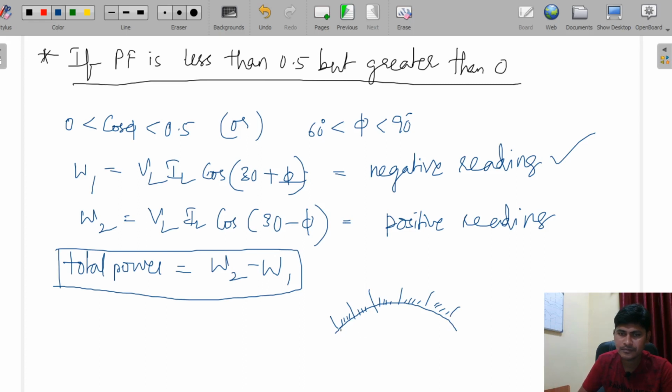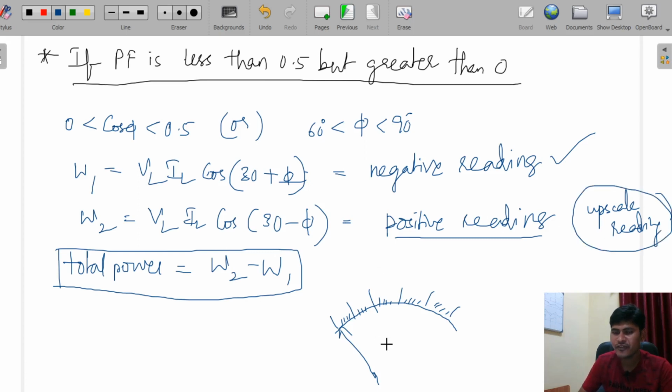This is the pointer, right? This gives only an upscale reading or positive reading. Here wattmeter 2 gives an upscale reading. Simply you can get the reading from the wattmeter if it is a positive reading.